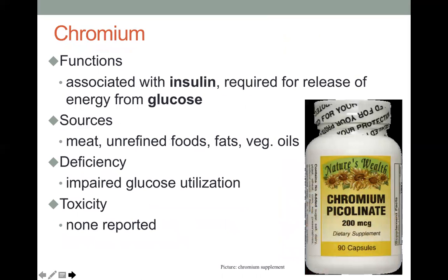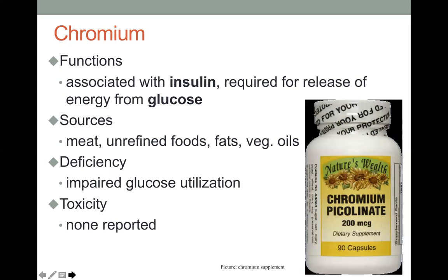Chromium. Chromium is important for carbohydrate and lipid metabolism. It's also associated with insulin function and enhances its activity. When chromium deficiency is present, people will have symptoms similar to diabetes. However, if you're able to give a chromium supplement, those symptoms can generally go away.